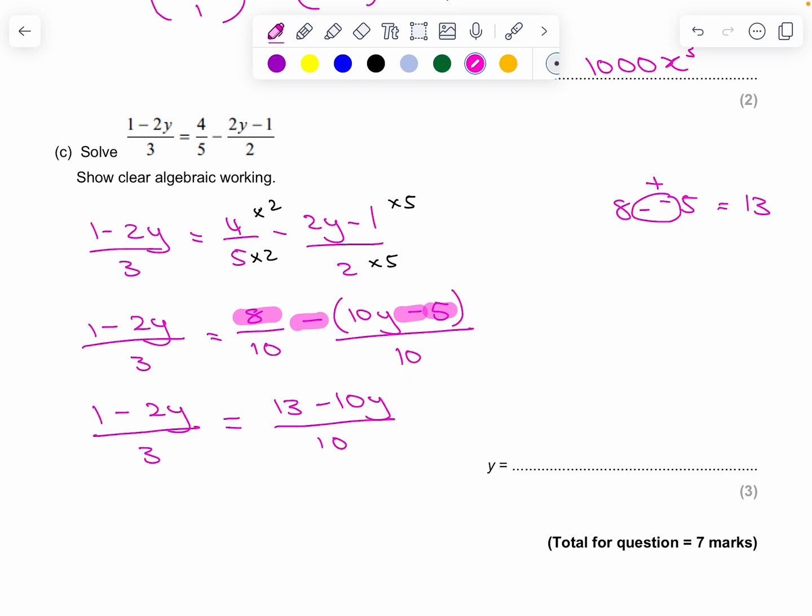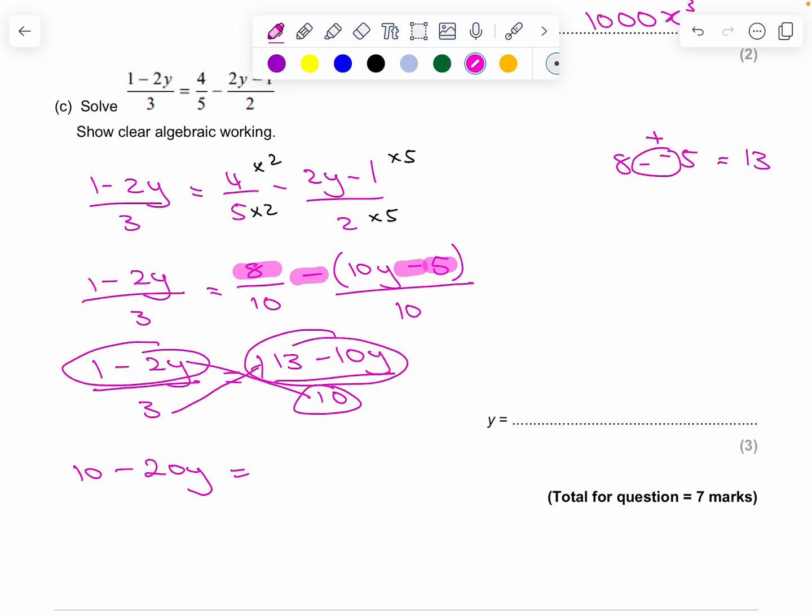Now you can do what we did in class, which is to cross multiply. So we're going to multiply that and multiply those two. So if I multiply 1 minus 2y by 10, I get 10 minus 20y equals, and now I'm multiplying all of this by 3. 13 times 3 is 39.